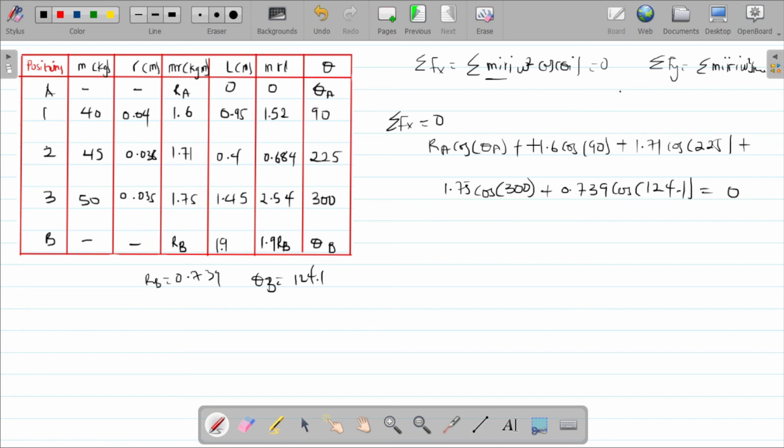If we simplify that, this one goes to 0 obviously. RA cos theta A is equal to 0.748.